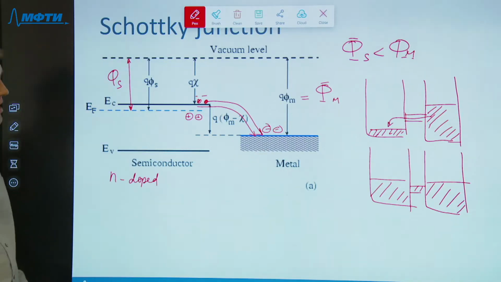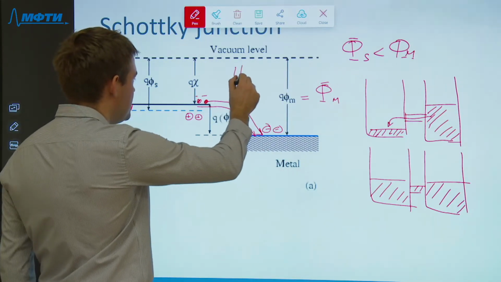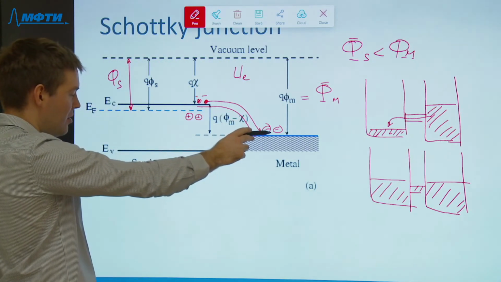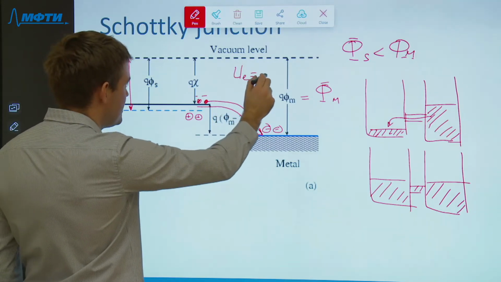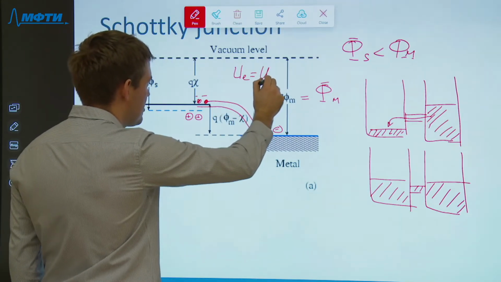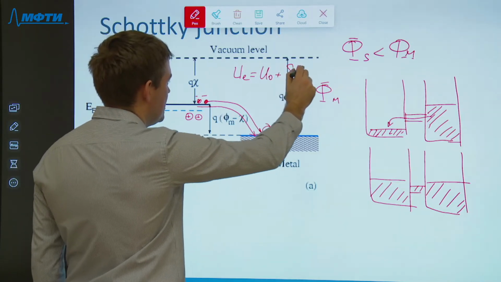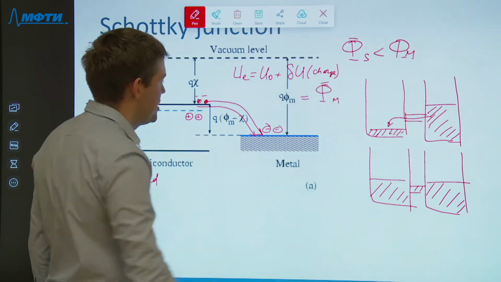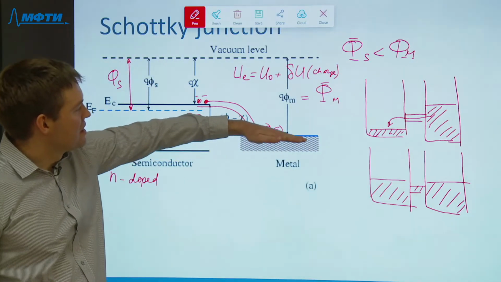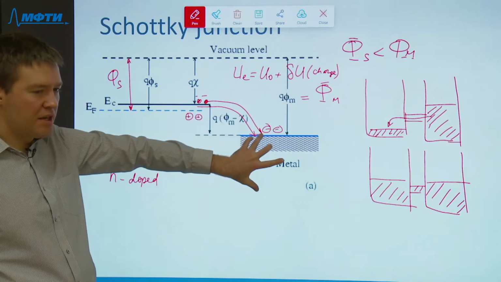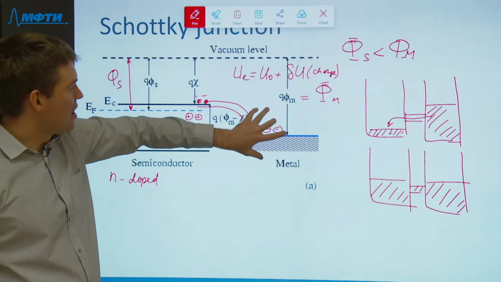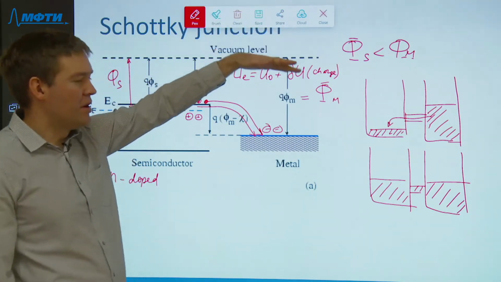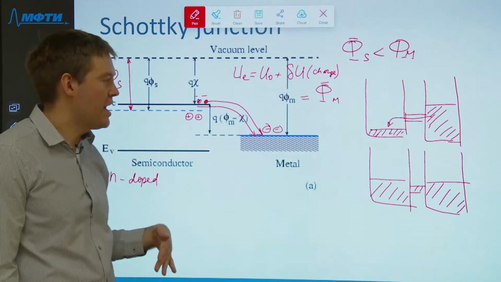It means that the potential energy of electrons in the metal would be raised, so it would be equal to the initial plus the change in potential energy due to charging, and the charging will raise all the bands of the metal higher, and even the vacuum level here would become higher due to this extra Coulomb energy.